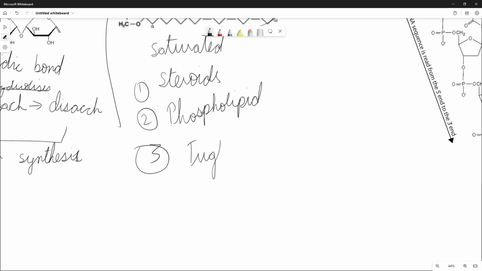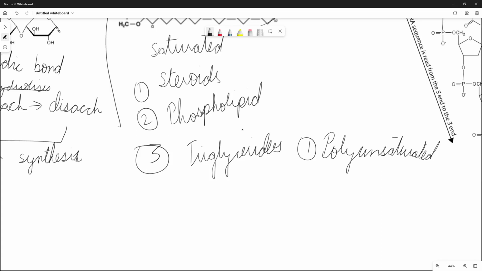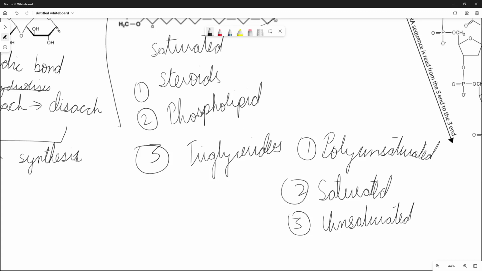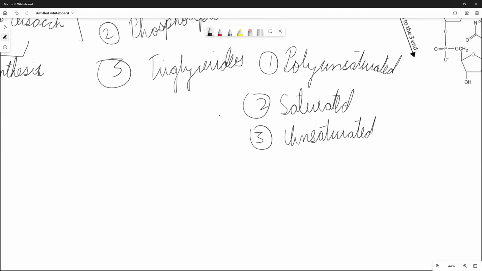Let me just write that here. Triglycerides, and these are of three types, actually four types. We have polyunsaturated, we have saturated, and we have unsaturated, and then we have trans fats.